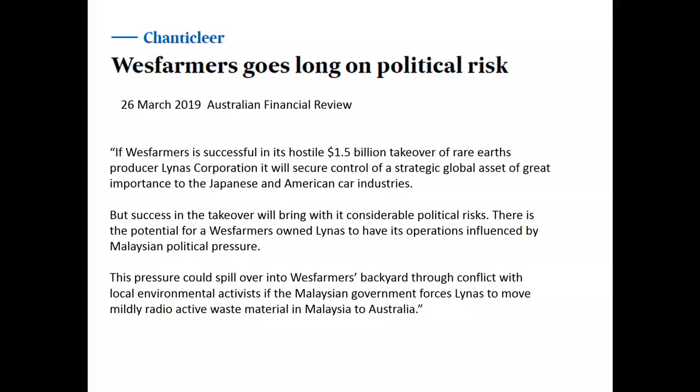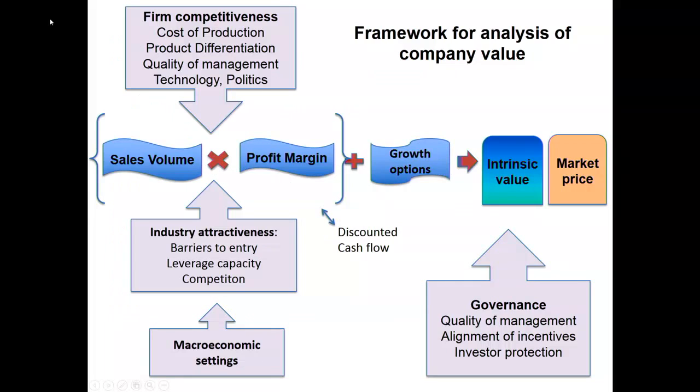So this company has run into this political problem. Wesfarmers has come in and made a bid, and the basis of its value adding is that it's a large company which will be able to solve this political issue better than Lynas itself, which the company is, of course, resisting. But my point is, it's an example of the political element affecting the value of this particular company. Otherwise, the company is very well run.